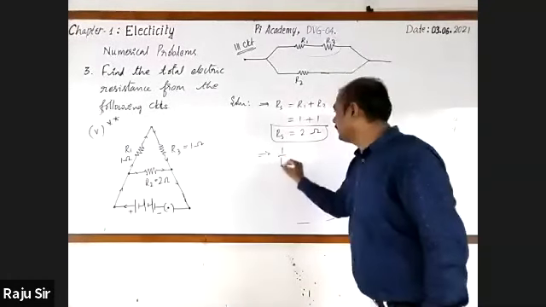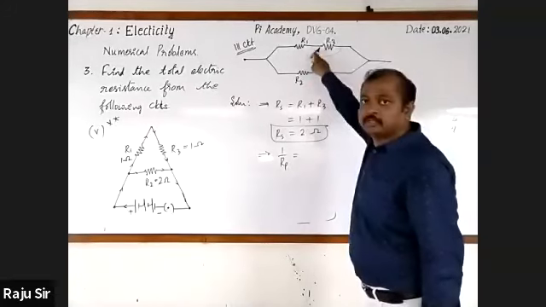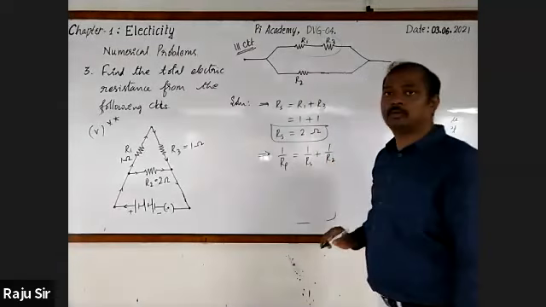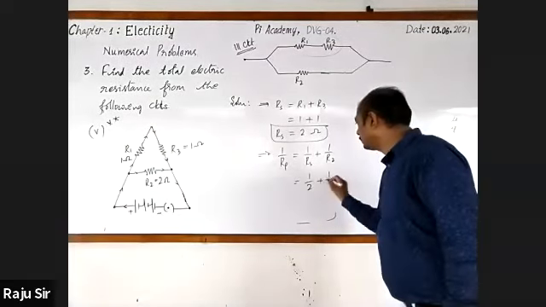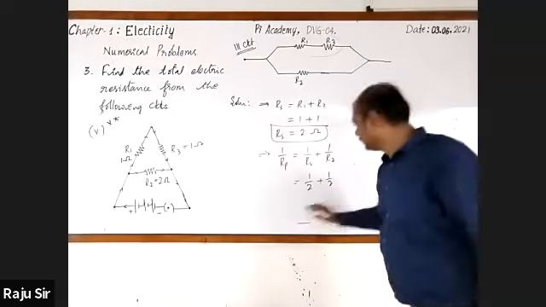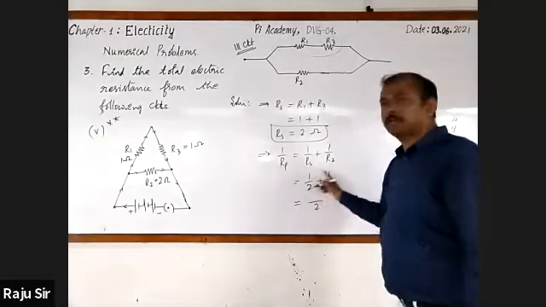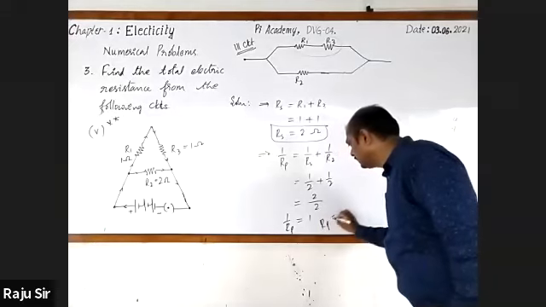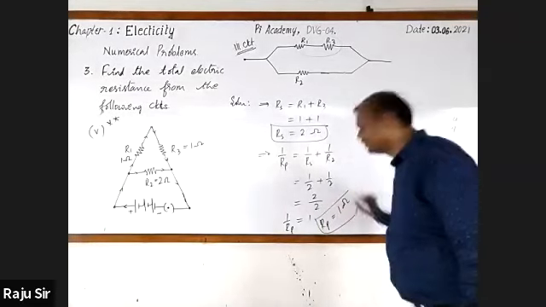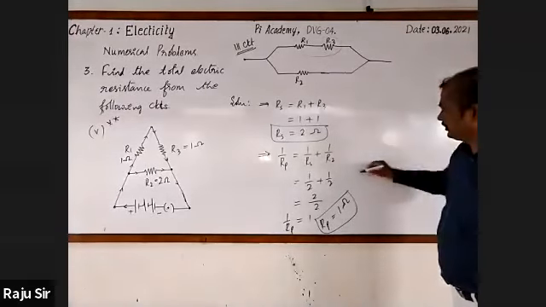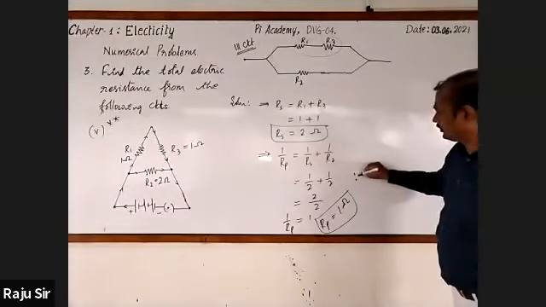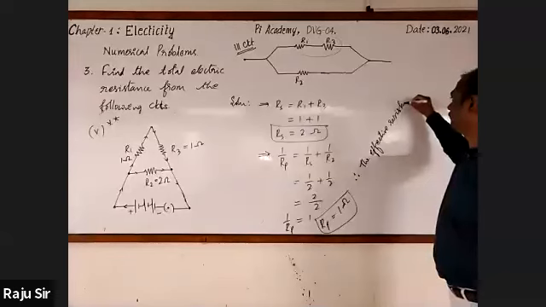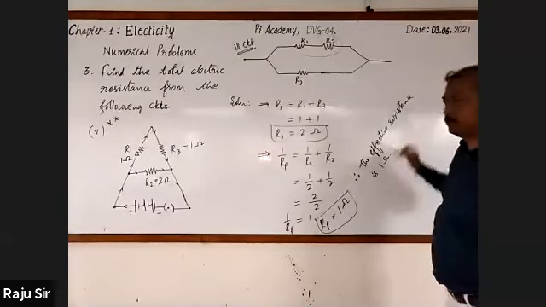I can write 1 by RP is equal to 1 by RS plus 1 by R2, where RS is 2 ohm and R2 is also 2 ohm. LCM is 2. Numerator 1 plus 1 is 2. It is equal to 1. 1 by RP is equal to 1. RP is equal to 1 ohm. So therefore, the effective resistance is 1 ohm.